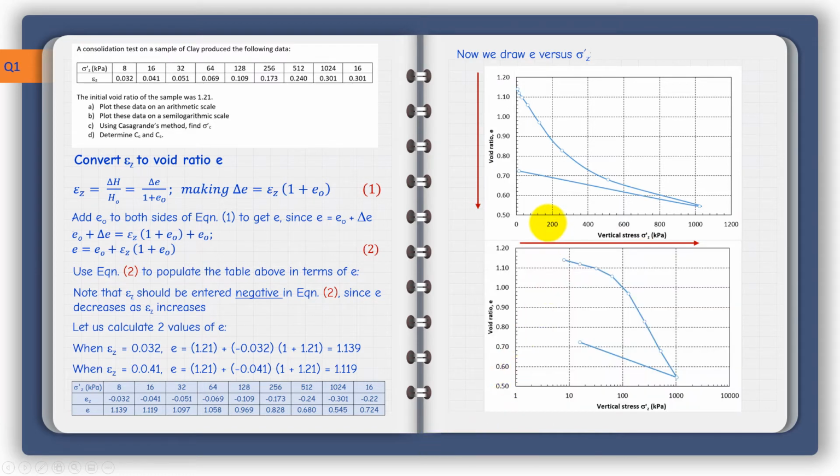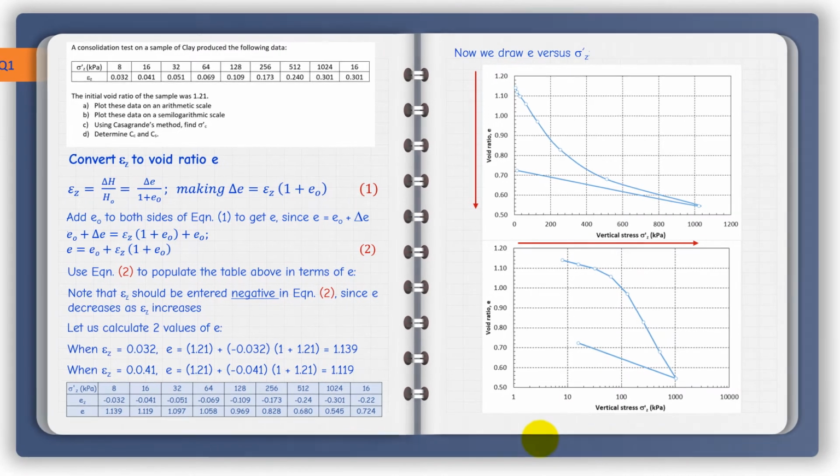Next is just to change this horizontal axis scale from linear scale to logarithmic scale, and this will give us this nice e log P curve. This should be very familiar. We have the compression side and we have the unloading side, because the last value here is 16. After we finished 1024 kPa, we unloaded the sample to 16 kPa, which corresponds here to that value.